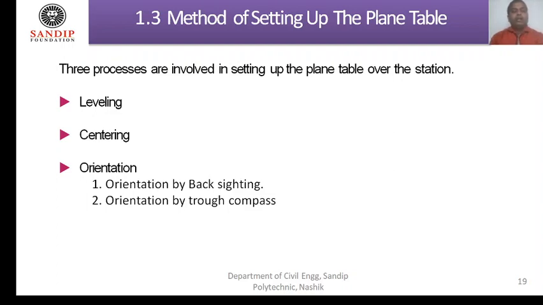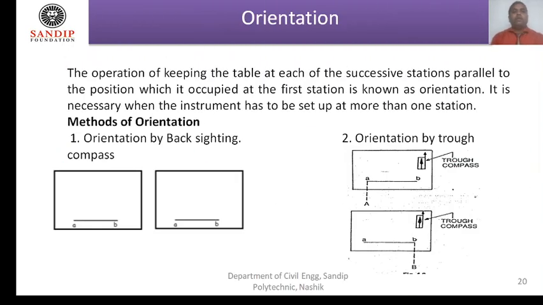Orientation is necessary whenever we are shifting the instrument from one station to another station. Now we will see what we mean by orientation. The operation of keeping the table at each successive station parallel to the position which it occupied at the first station is known as orientation.